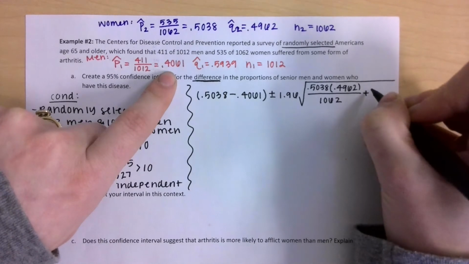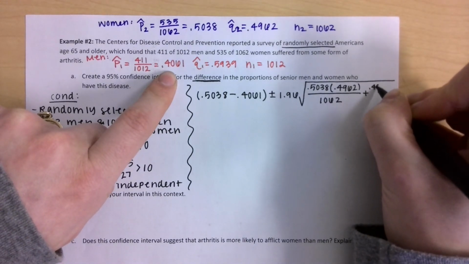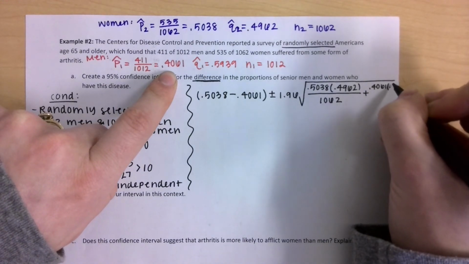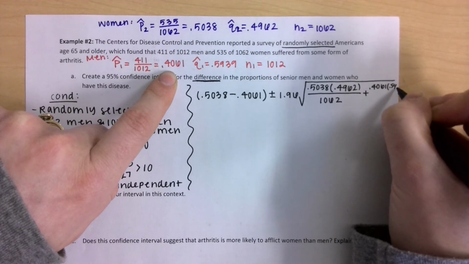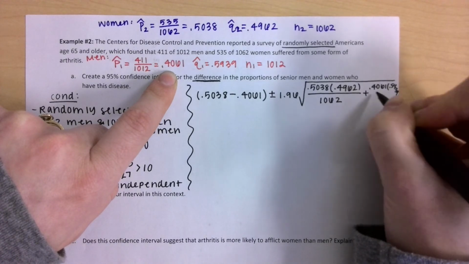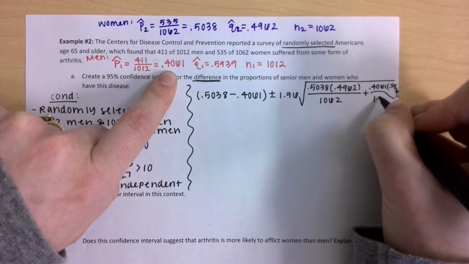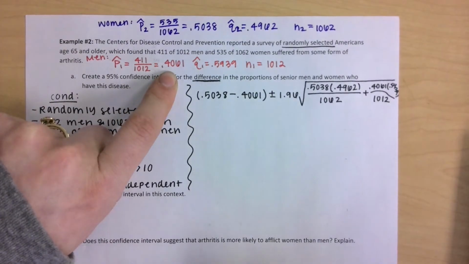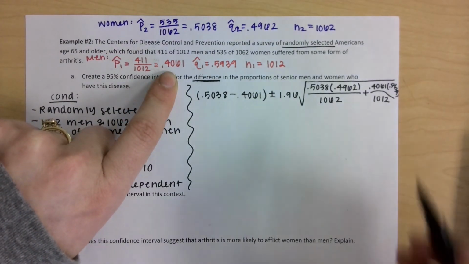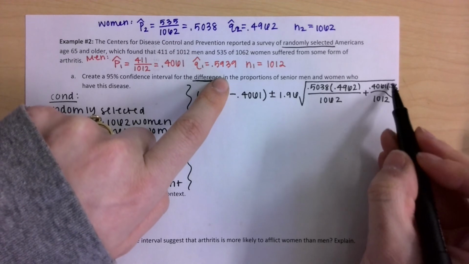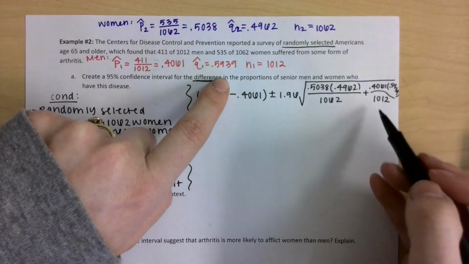Do the same thing for men. If you can't read that, that says 0.5939 divided by 1012.